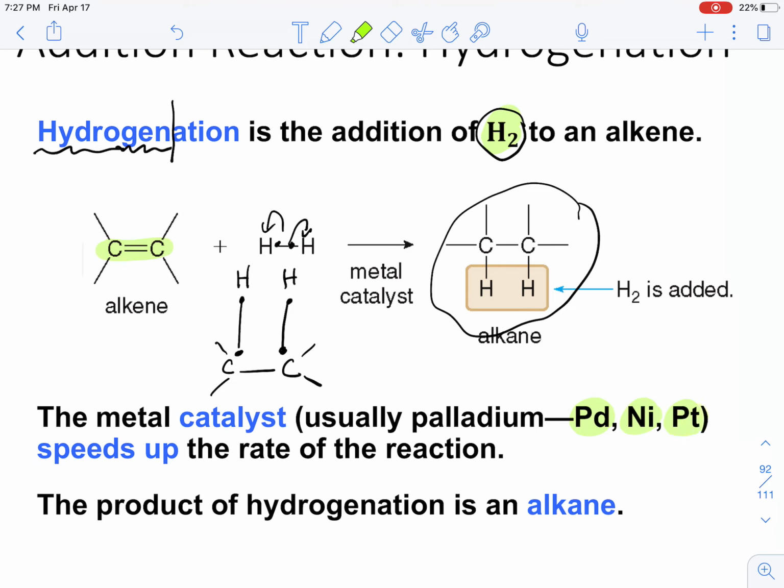And the product that you get from a hydrogenation is always an alkane. So you're going from a double bond to a single bond.